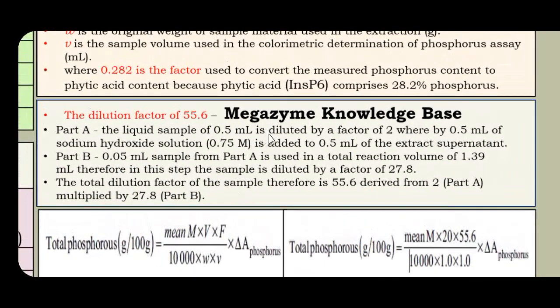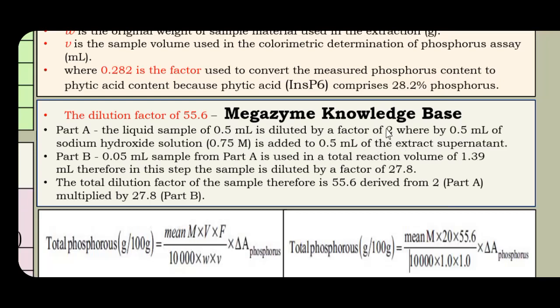And here you can see what is this dilution factor. It is nothing but, as we have taken 0.5 ml of the sample during the sample extraction, that is to neutralize it with the sodium hydroxide, where we are going to take 0.5 ml of the sodium hydroxide and neutralize the phytic acid sample, and it is going to be a factor of 2.